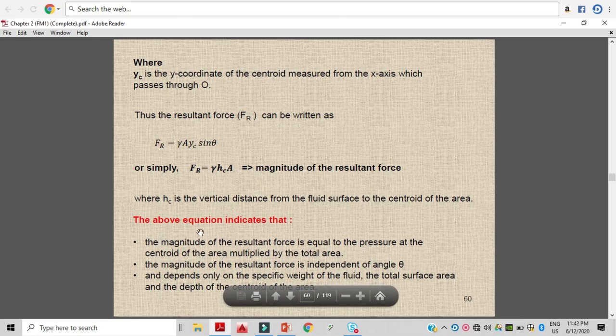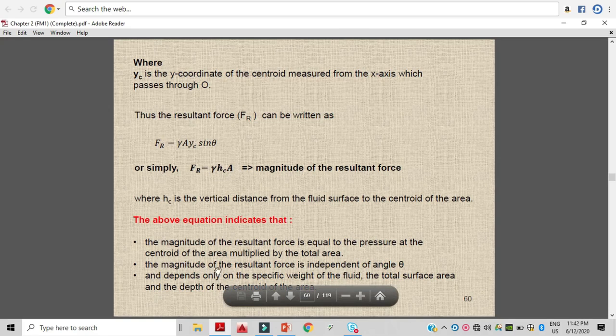So what this equation indicates is that the magnitude of the resultant force is equal to the pressure at the centroid of the area multiplied by the total area. So this gamma into hc is the pressure, multiplied by the area.